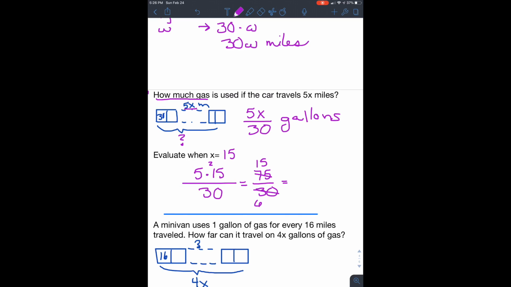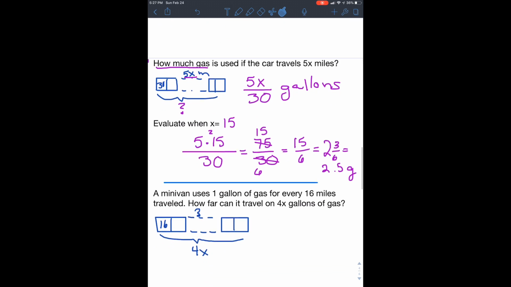So that is going to equal 15 over 6, or 6 goes into 15 twice, and then 12, 13, 14, 15, so 3/6, which equals 2 and a half, or 2.5 gallons. There, so 2.5 gallons to go that far.